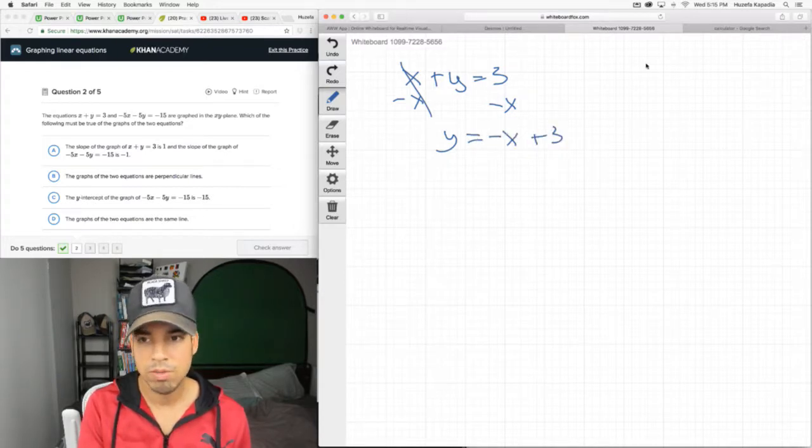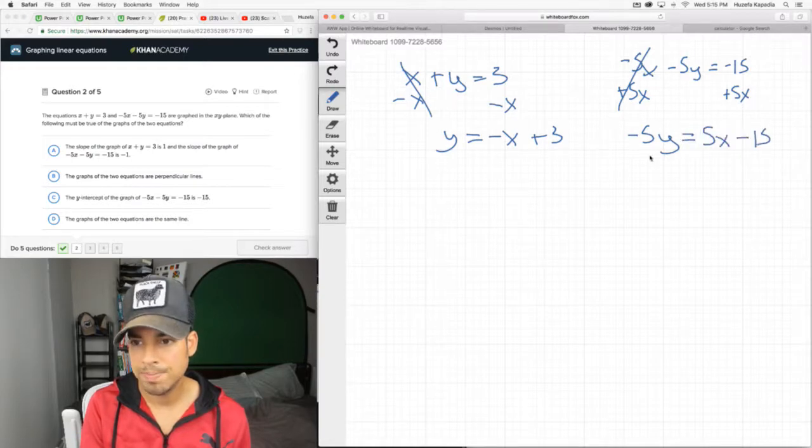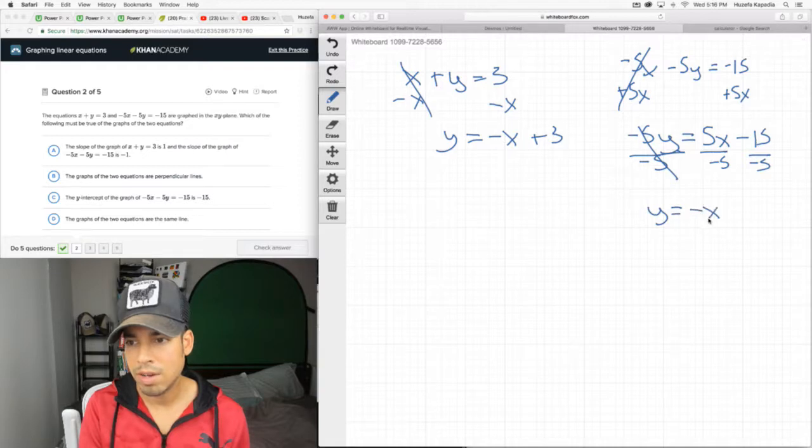Now let's do the same here. We've got negative 5x minus 5y equals negative 15. I'm going to add 5x to both sides. We've got negative 5y equals 5x minus 15. Divide both of these by negative 5. We get y equals negative x plus 3.